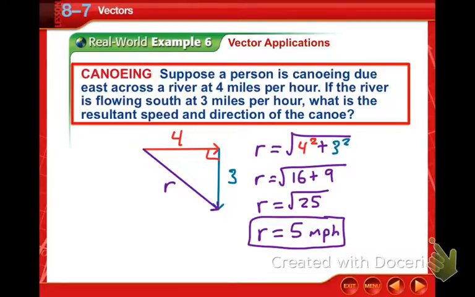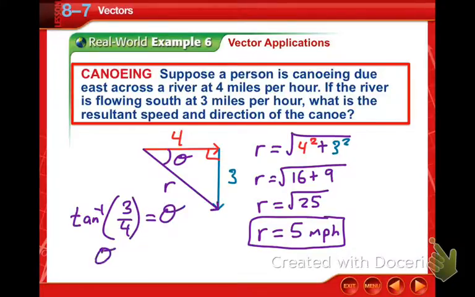And our direction is going to be the inverse tangent of, trying to find this angle here, of 3/4. So our theta comes out to be 36.9.